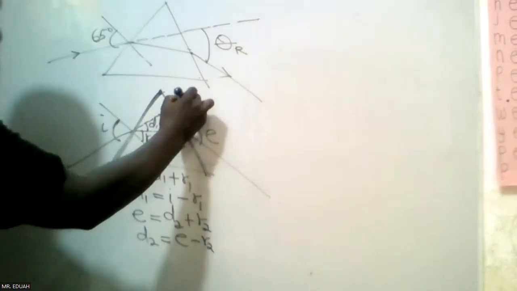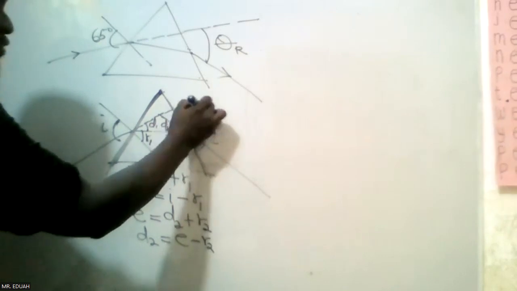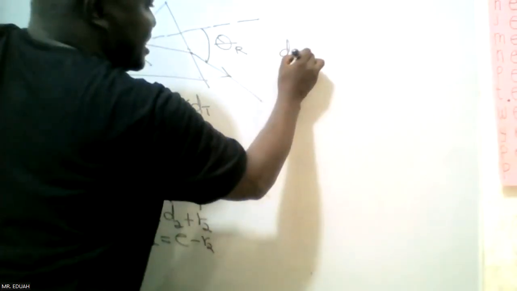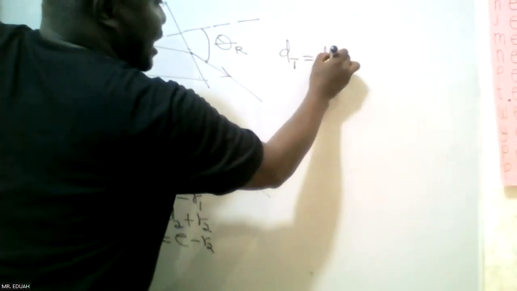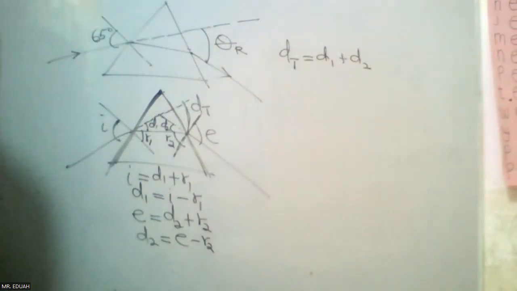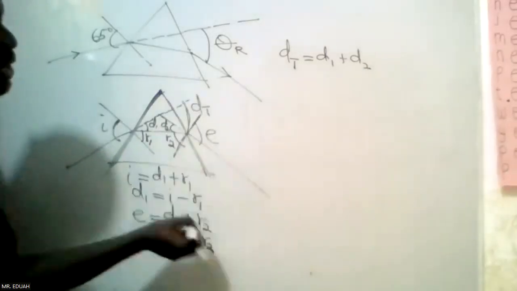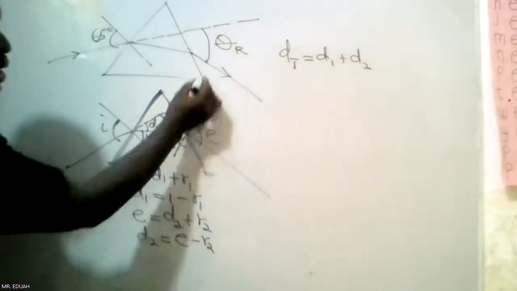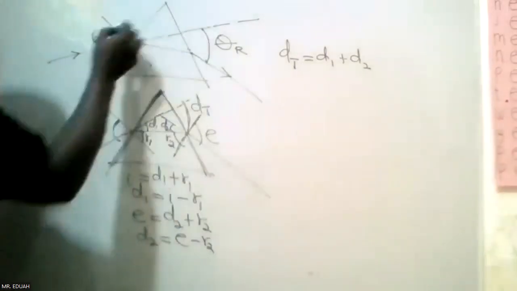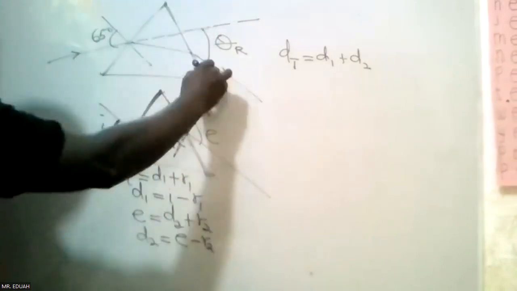Now, this angle is the total deviation, and we realize that the total deviation DT is equal to D1 plus D2. What it means is that for one color, to get the total deviation, we must determine the deviation over here and then the deviation over here.